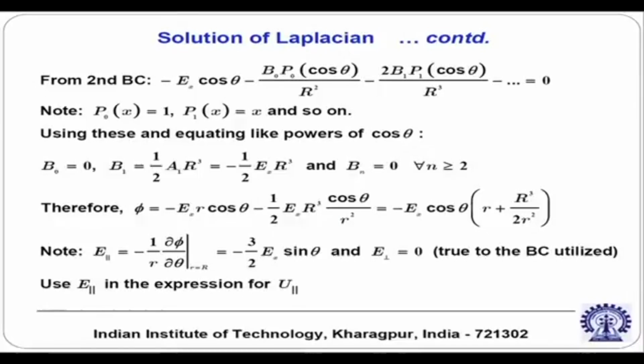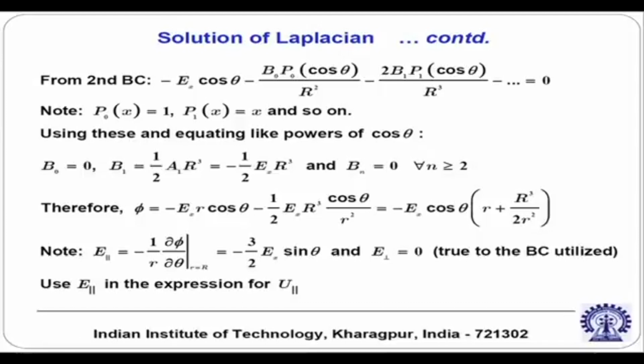And E parallel is minus 1 by r del phi del theta at small r is equal to capital R. This comes out to be minus 3 by 2 E infinity sin theta. Just you differentiate this, and set small r is equal to capital R. Differentiate this with respect to theta.